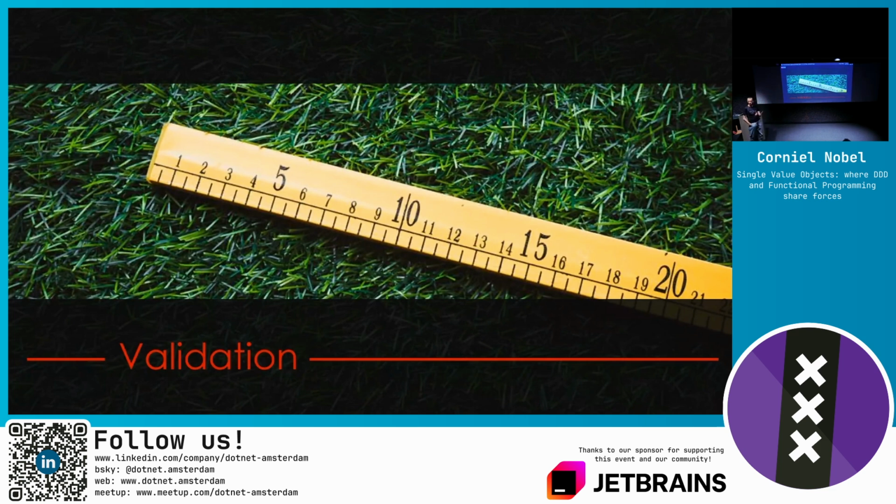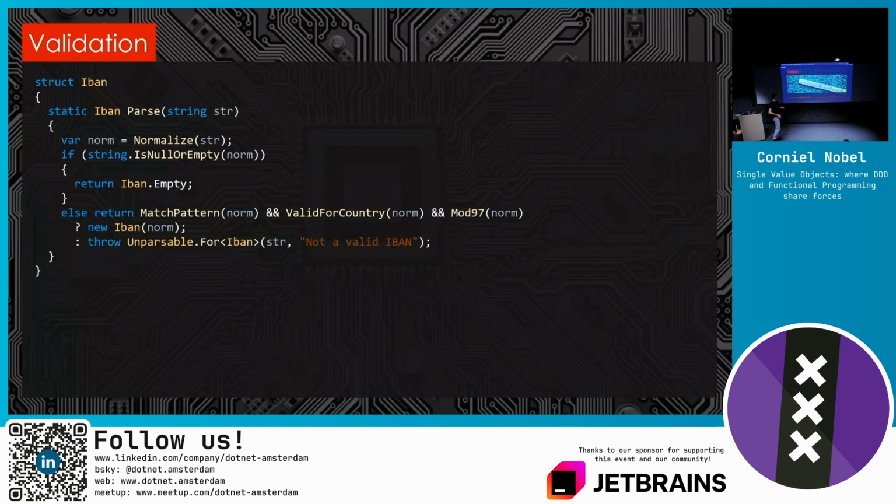Okay, validation. That's another really important thing, because all those single value objects are basically a subset of the scalar you build it on top of. Who has ever implemented IBAN validation?